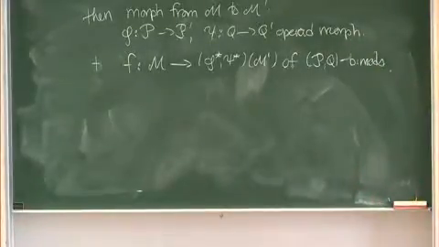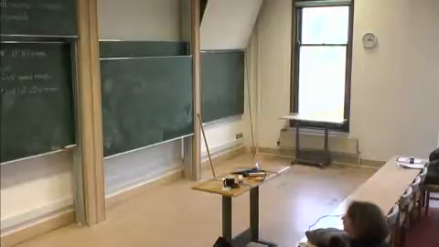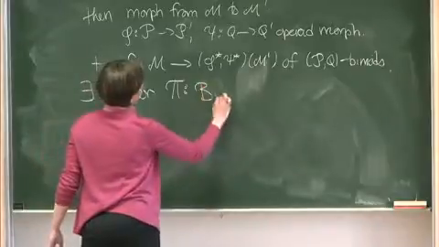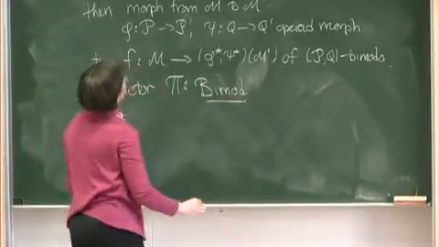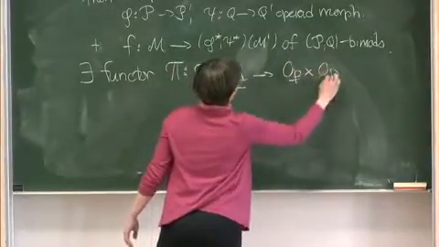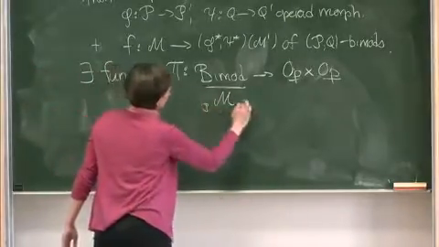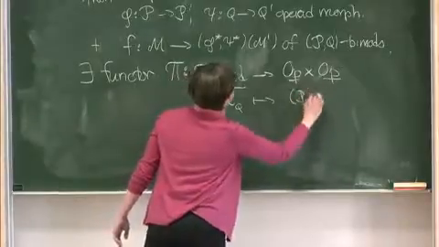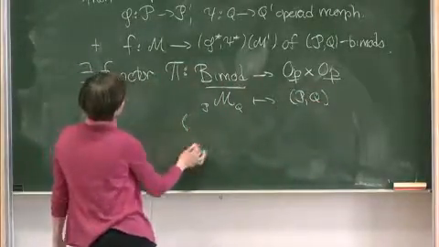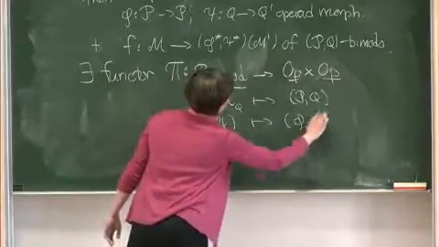Now there's an obvious functor from the category of bimodules to the category of operads cross operads, Pi. From this category of bimodules to operads cross operads, that of course just takes a PQ bimodule, you write it like this, to PQ, and then it's going to take the triple F, phi, psi to phi, psi.